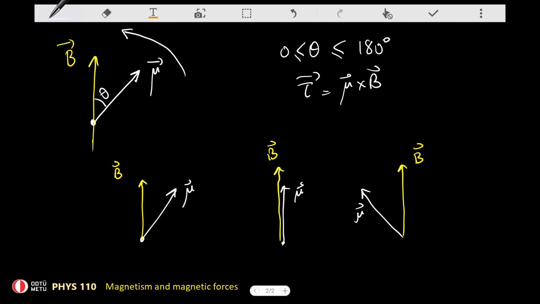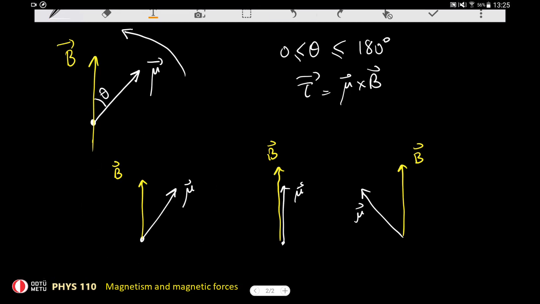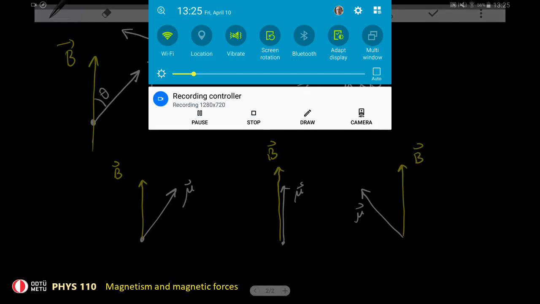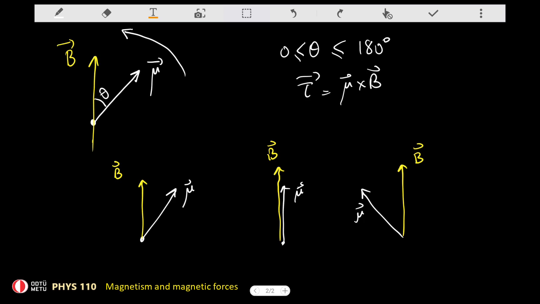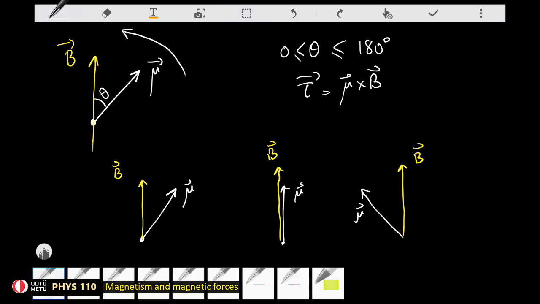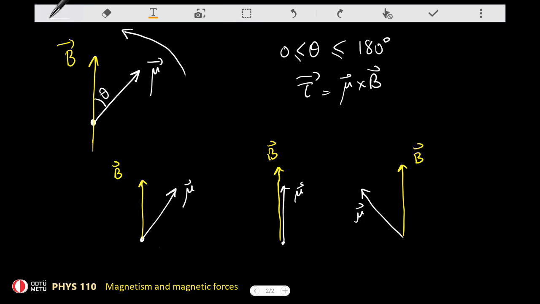So as a result, for the first case, for this one, mu cross B, the torque vector is pointing out of the screen, so the torque is in the out of the screen direction, so therefore the rotation is along that direction.